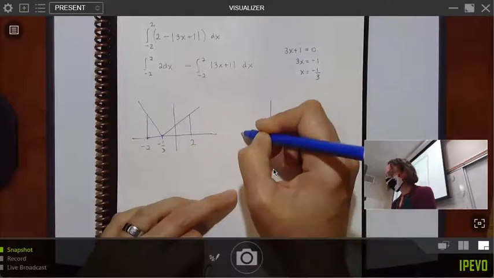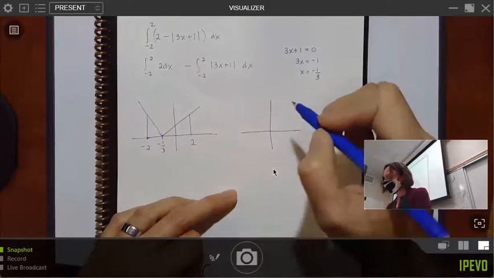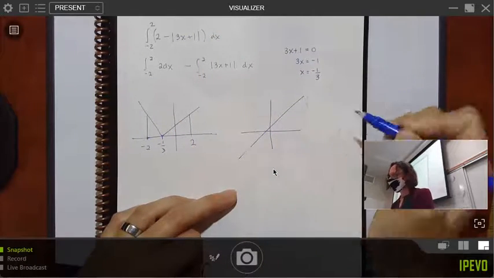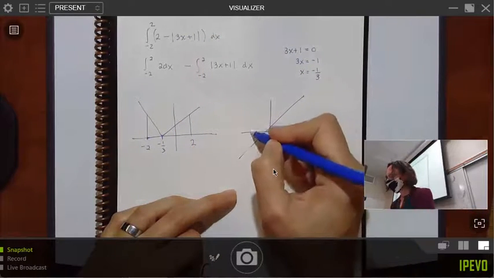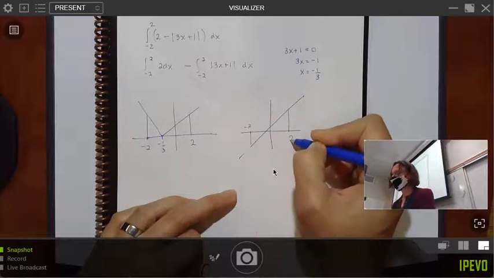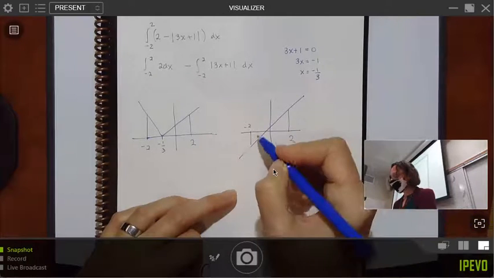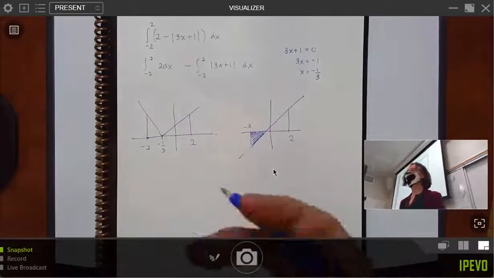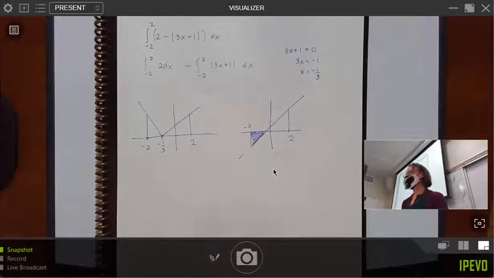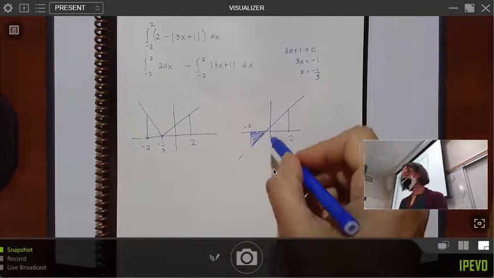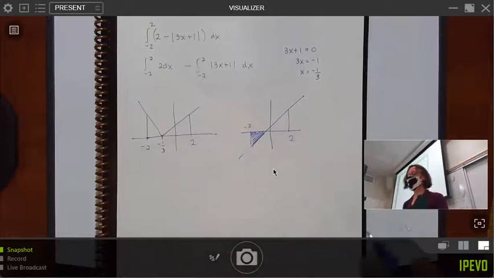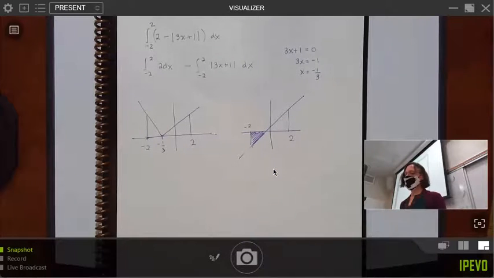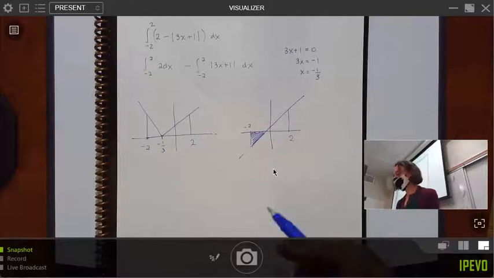But if you don't break it up, then you're treating it like it's this line, and you're going from -2 to 2. So all of this area down here would essentially get subtracted when you're doing the integration. So you're doing a different problem if you don't deal with the absolute value. Just remember when it's absolute value, you have to break it apart.